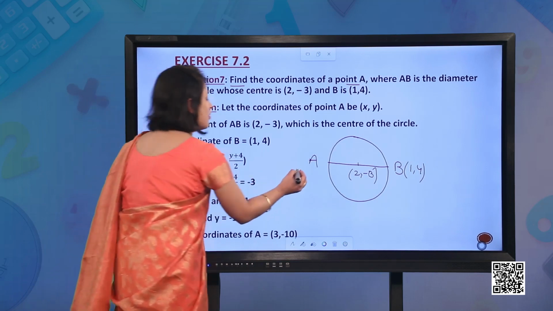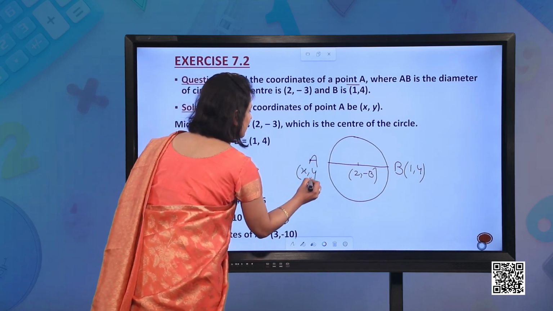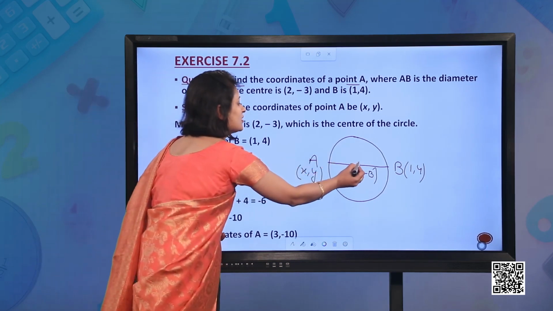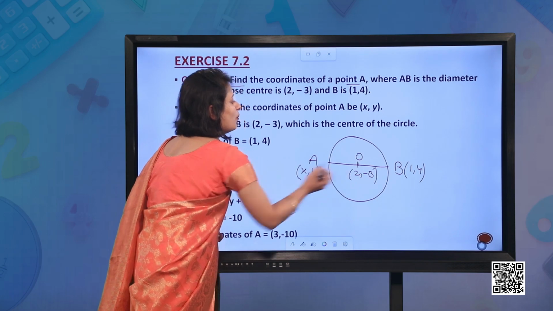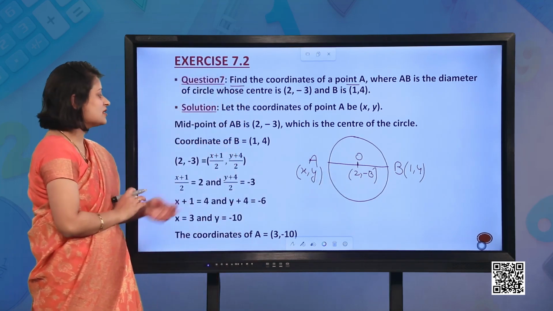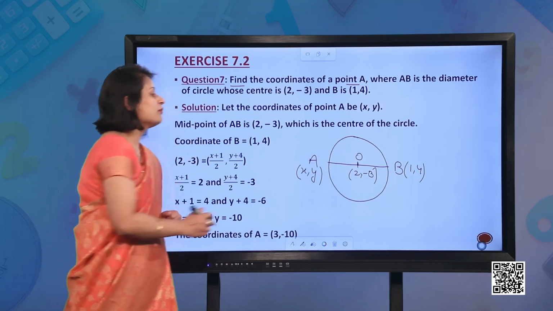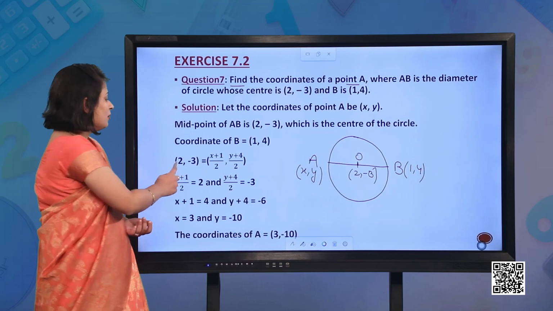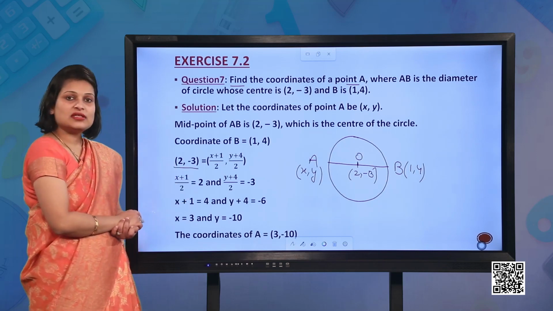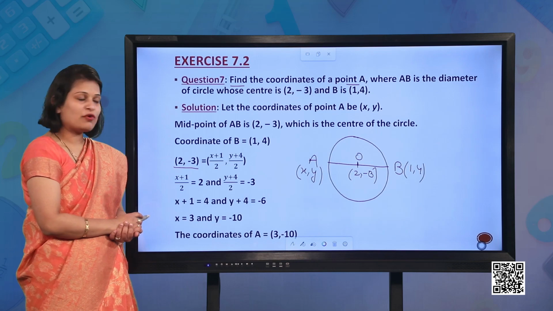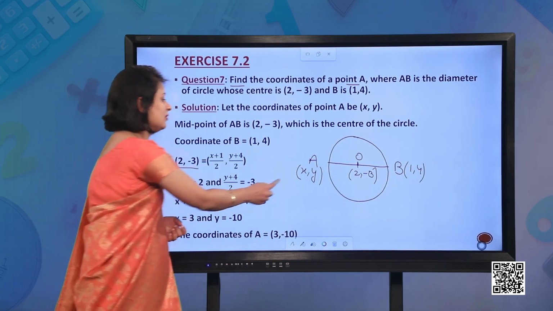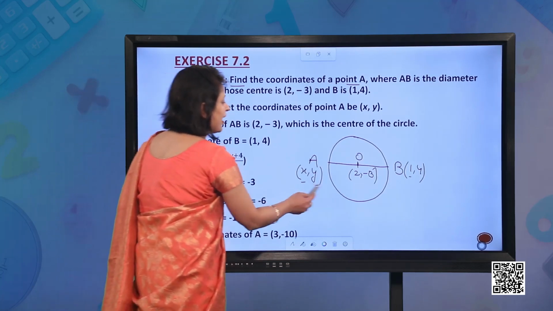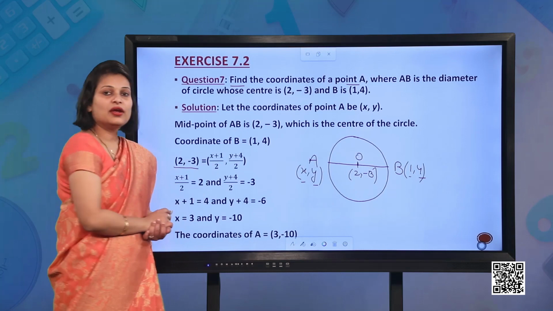So let the coordinates of point A be (x, y). Now midpoint of AB is given as (2, -3), which is the center of the circle, and coordinates of B are given as (1, 4). So (2, -3) is equal to, by using the midpoint section formula, ((x plus 1) divided by 2, (y plus 4) divided by 2).